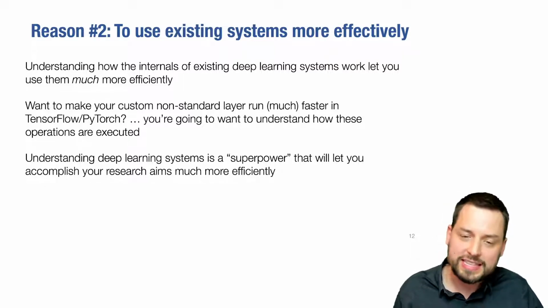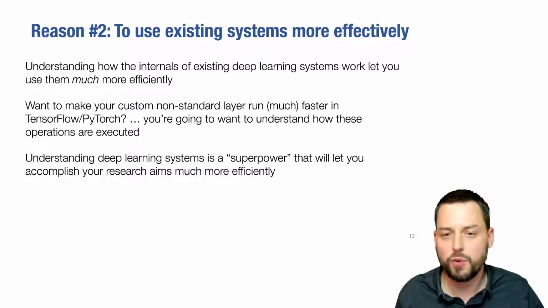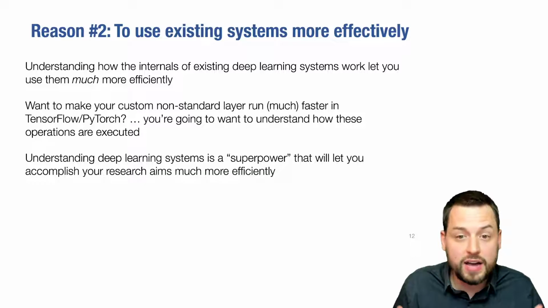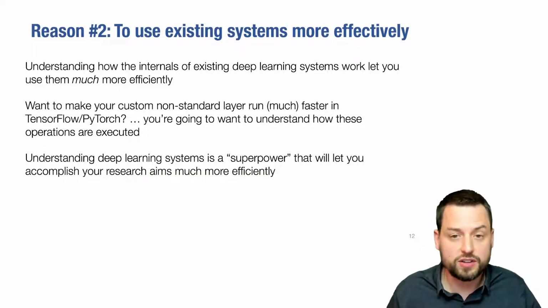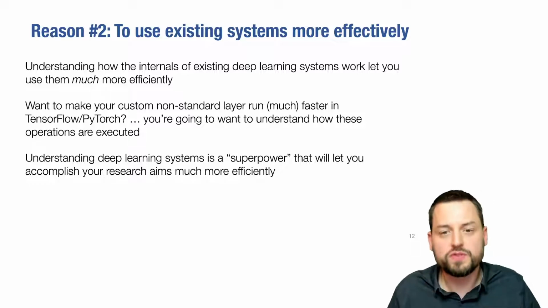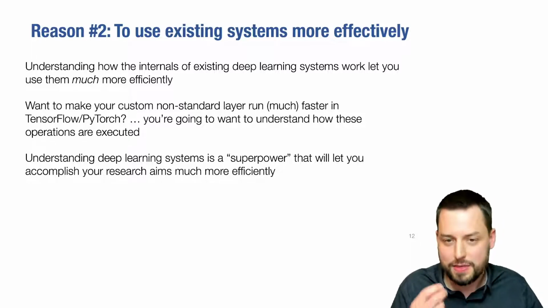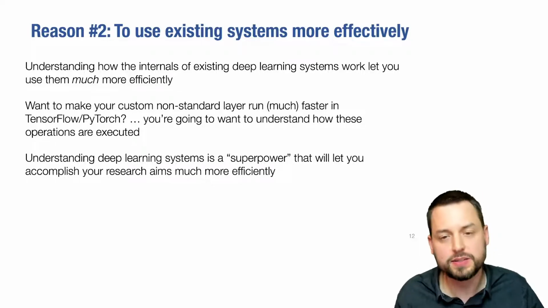And understanding how that works will enable you to write more efficient and more effective code. And this is especially true if you're doing research in deep learning. So especially if you are doing things like developing new kinds of layers, new architectures, new structures in deep learning, this will be vastly improved if you understand the logic and the mechanisms behind these systems.